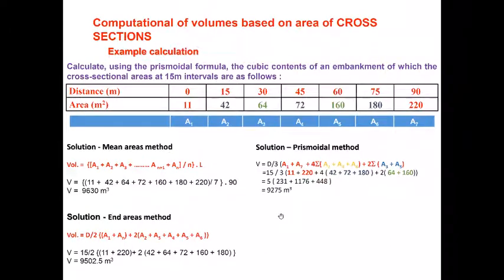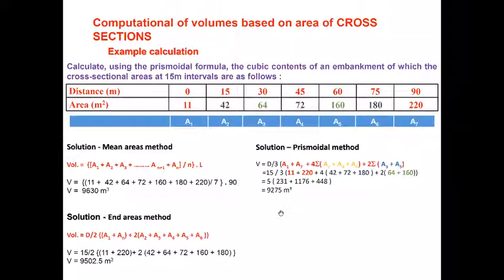So let's see this example. Distance is given to us in meters, and the areas are given to us, and what we need to do is find out the volume using the three equations that we just saw. First let's see how to solve it by using the mean areas method.